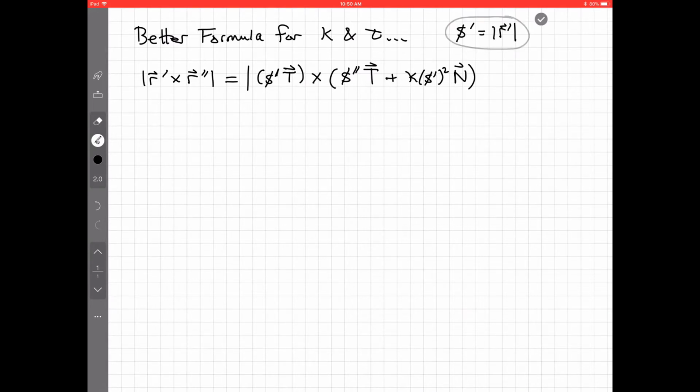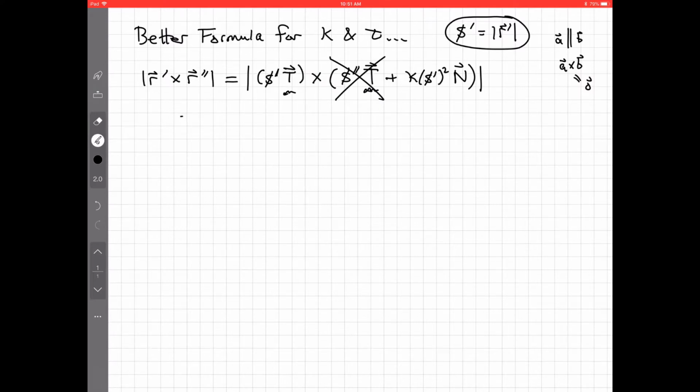Okay, and so if we look at this, notice that we have a cross product t and t. If we distribute this, well, if we take two parallel vectors, right? If A is parallel to B, we know that their cross product is 0. So this doesn't contribute anything, right?